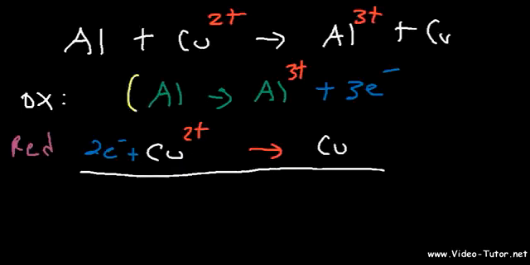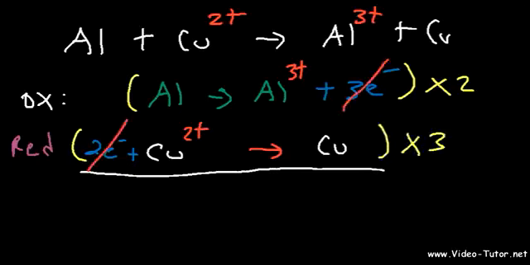So the least common multiple of 3 and 2 is 6. So we're going to multiply this equation by 2 and this equation by 3. And at that point, the number of electrons will be equal. So we have 2Al, 2Al3 plus, and 6 electrons.